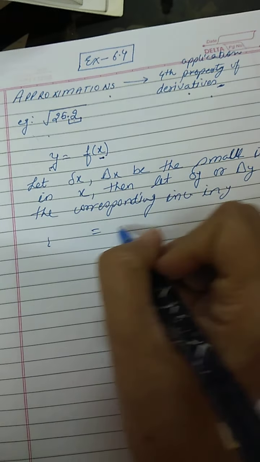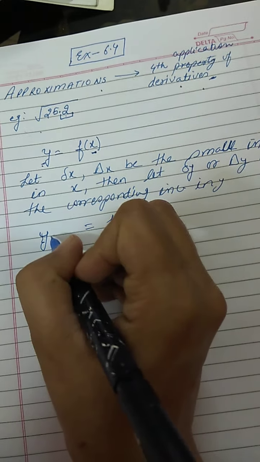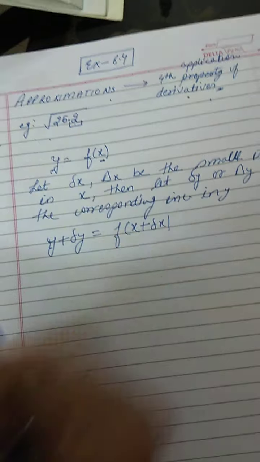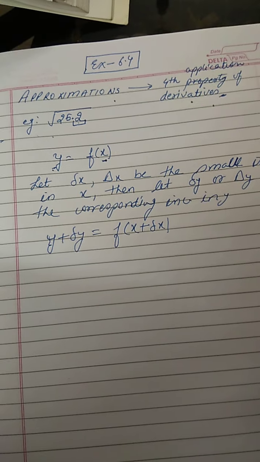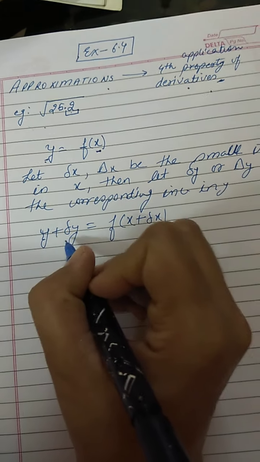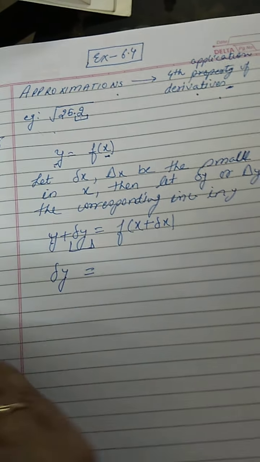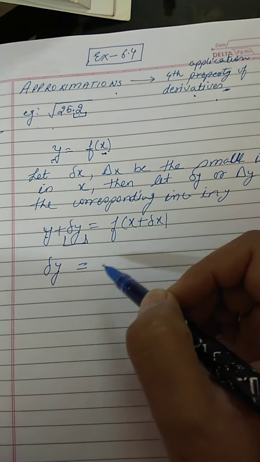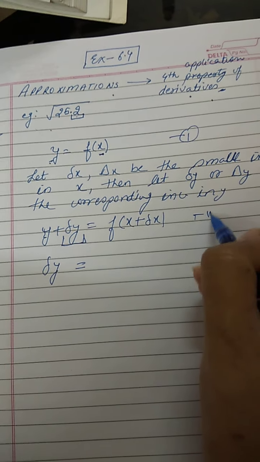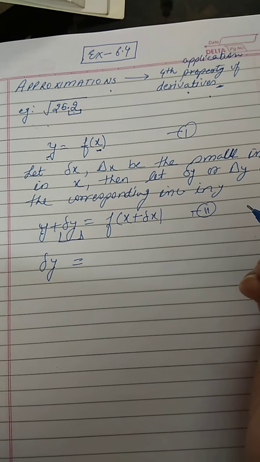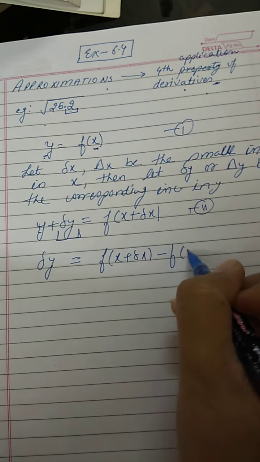So when there is a small increment in the value of x, there will be a small change in the value of y also, right? If I want to find del y only, the change in the value of the dependent variable, then if I mark it as 1 and this 2, I will simply do 2 minus 1, so it will become f of x plus del x minus f of x.